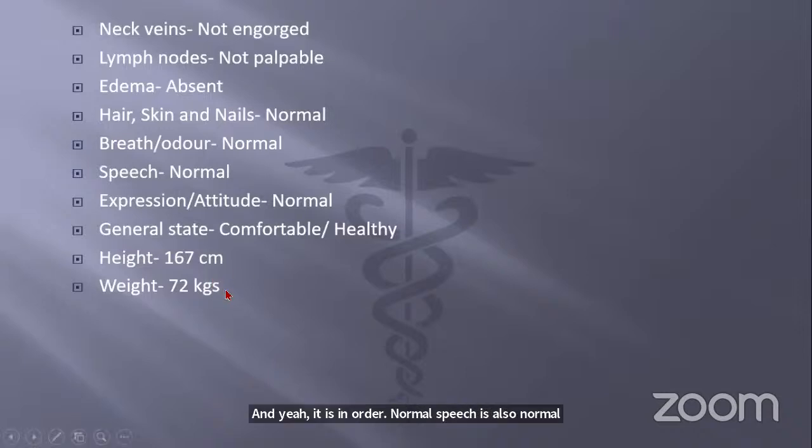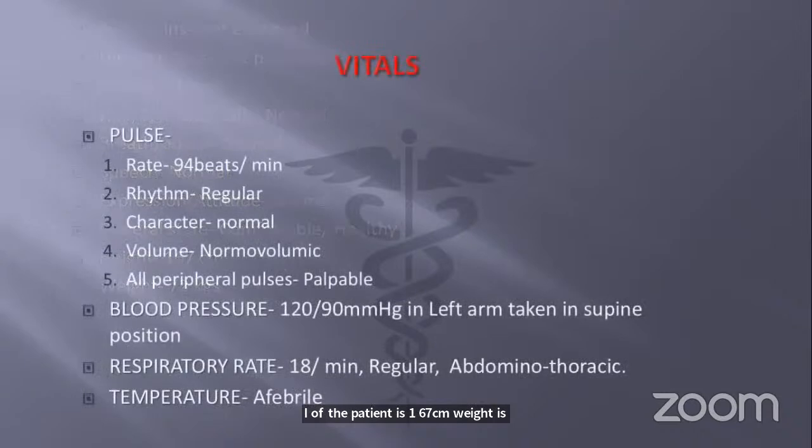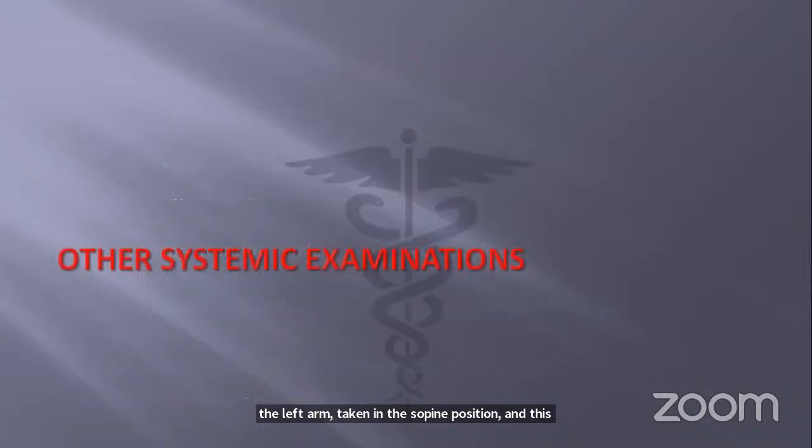Height of the patient is 167 centimeters, weight is 72 kg. Vitals: pulse rate is 94 beats per minute, rhythm regular, volume normal, and all peripheral pulses palpable. Blood pressure is 120/90 in the left arm in the supine position, respiratory rate is 18 per minute, and temperature is febrile.